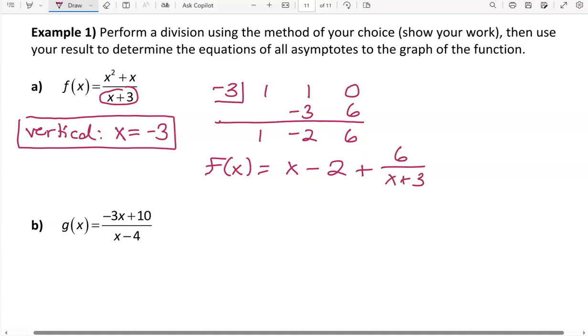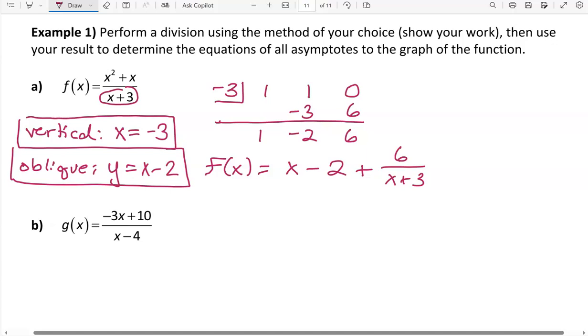Just as before, the asymptote can be written using the equation of just y equals the quotient. So that gives us an oblique asymptote, not a horizontal this time, because y equals x minus 2 is not a horizontal line. So y equals x minus 2 is an oblique or end behavior asymptote to that graph.